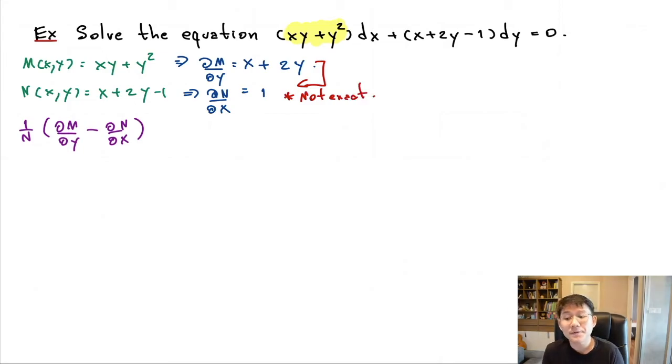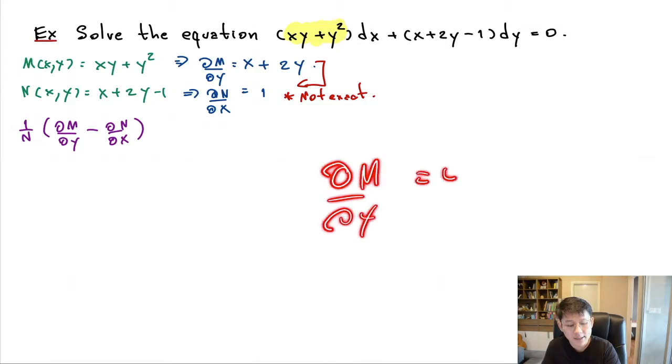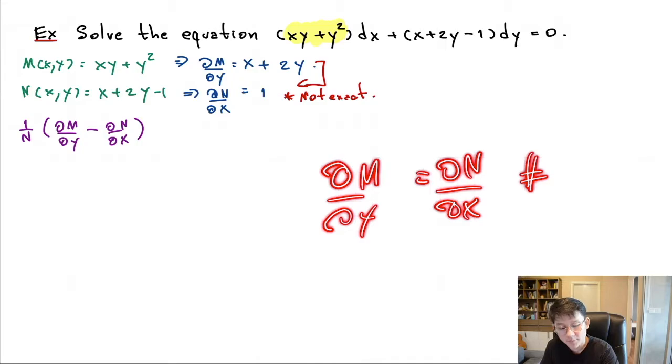Because if it were exact, these two things would be equal. For an equation to be exact, dM by dy equals dN by dx, which means that this is not exact because they aren't equal.